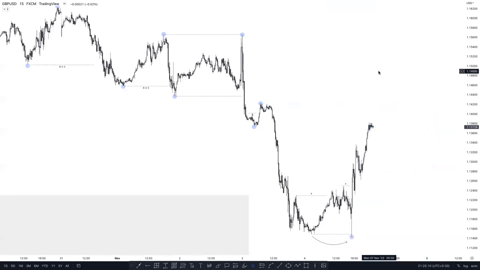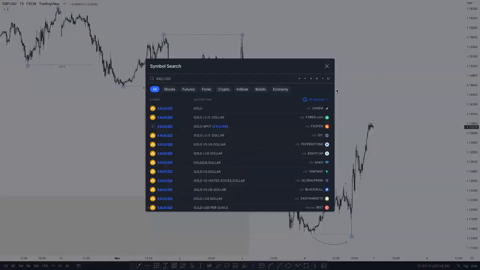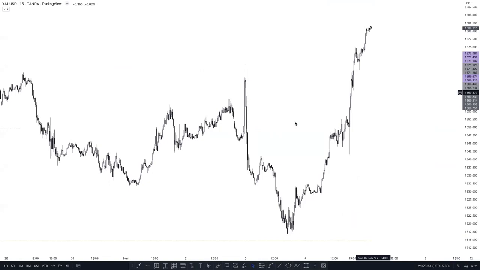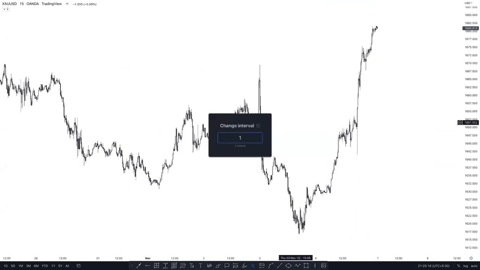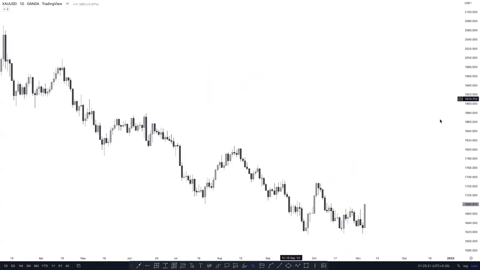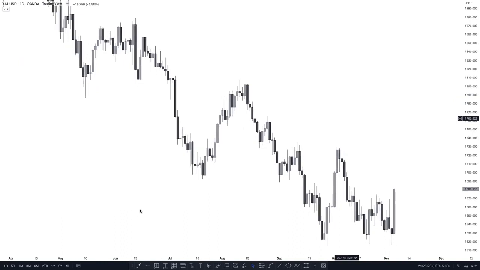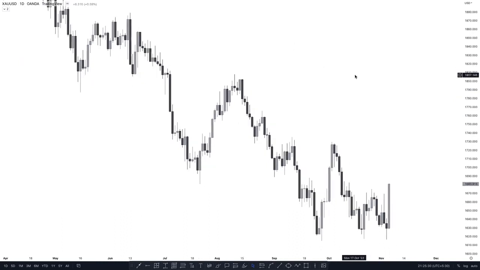Now switch into another pair, gold. Start from the higher time frame structure in the daily time frame. So this one is our daily time frame structure here. Everyone mark here, the valid structure is here as per the daily time frame.